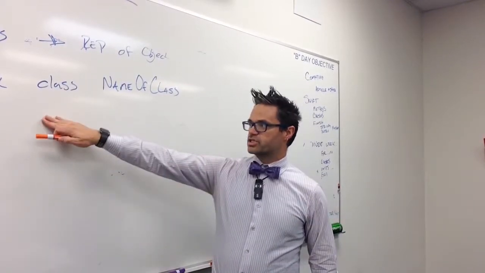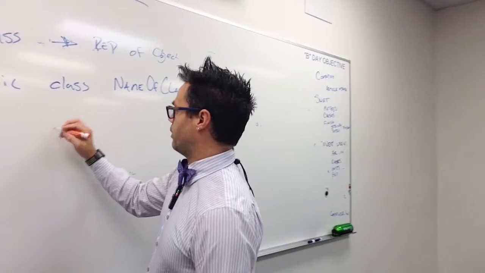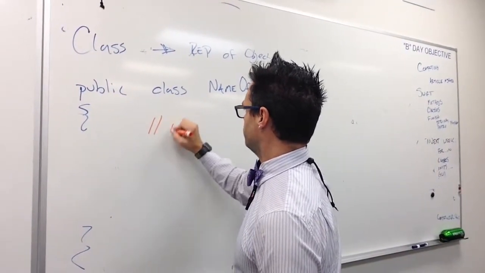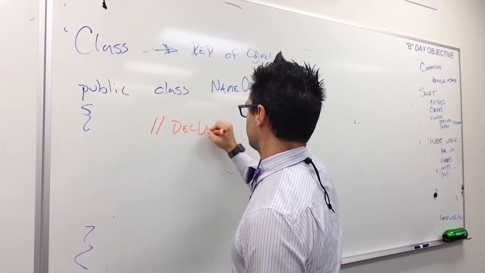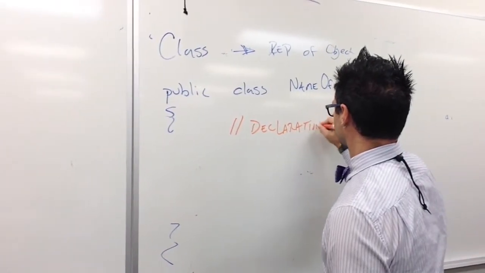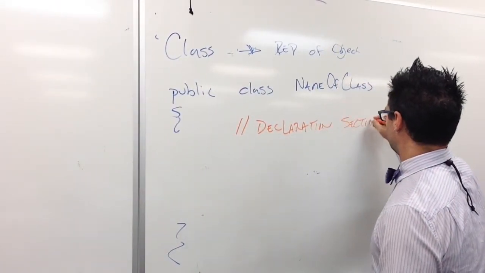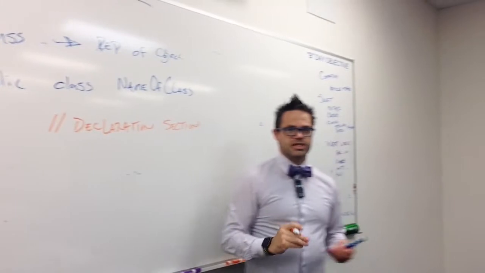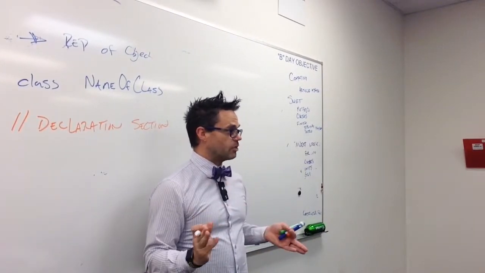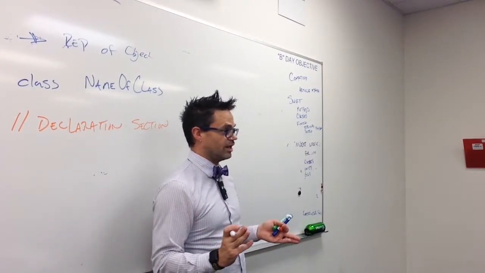The next thing we're going to have, just like in Java, is our data member section or declaration section. Inside our declaration section is where we're going to put all of our class variables, the things we need to get access to for the entire class.